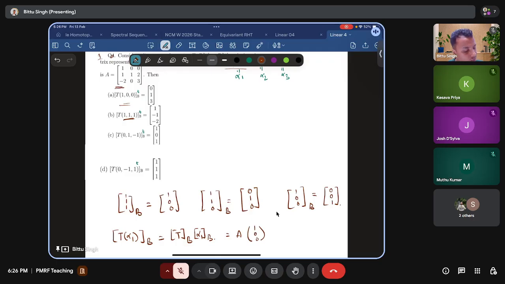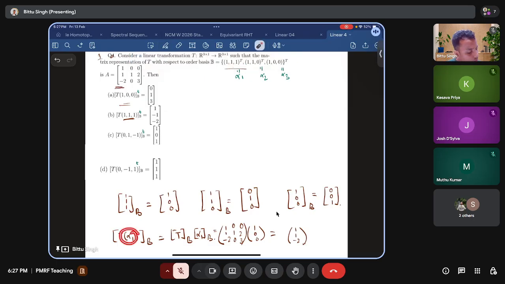A is 1 1 minus 2, 0 1 0, 0 2 3. If we multiply, we get the first column, which is 1 1 minus 2. So the coordinate of T alpha 1 with respect to the basis B is 1 1 minus 2. But here it is a different thing, so this is wrong.